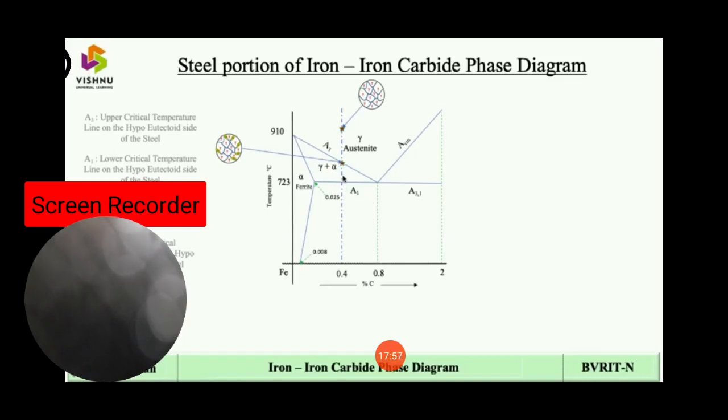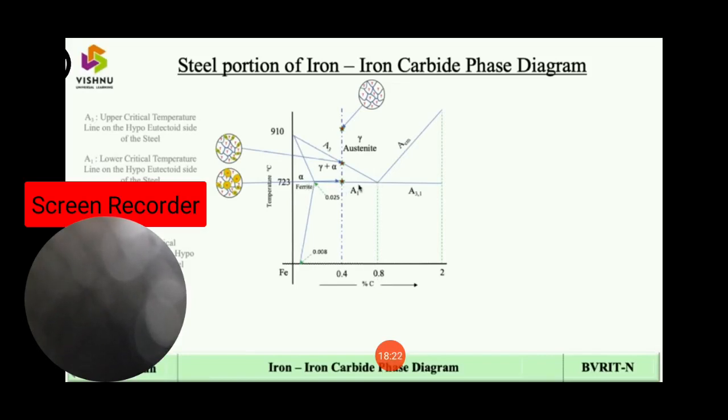So as it cools down, the amount of ferrite which is formed will only vary, but at the same time the rest of the austenite will attain more carbon, and it will try to attain the 0.8 percentage of carbon, which is exactly required for the eutectoid reaction to participate.